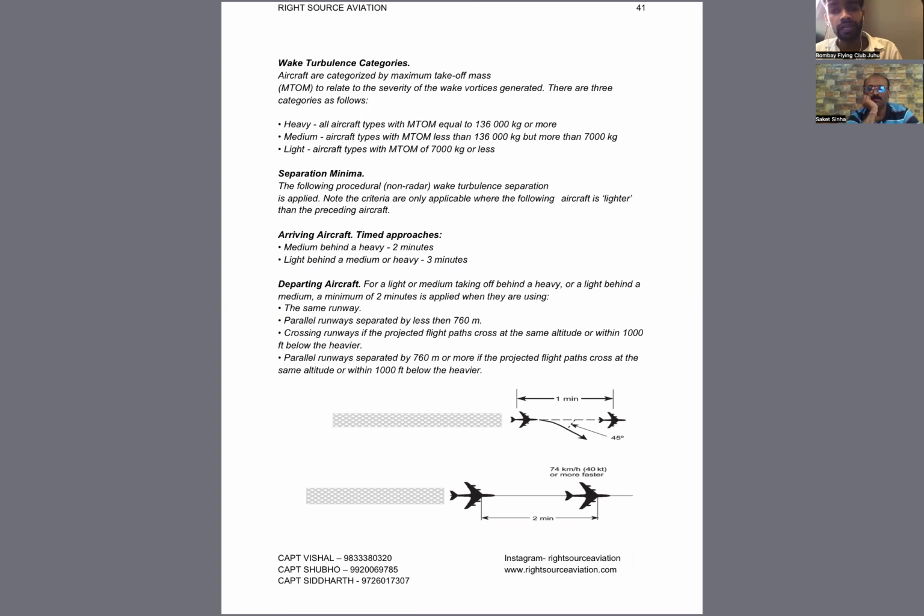For arriving, taking off and landing aircraft, traffic separation is provided in terms of wake turbulence category. Depending on the aircraft's maximum takeoff mass, the traffic separation would be provided. That maximum takeoff mass can be of 4 categories: light, medium, heavy, and super heavy.